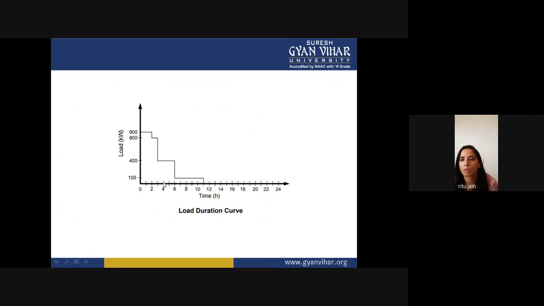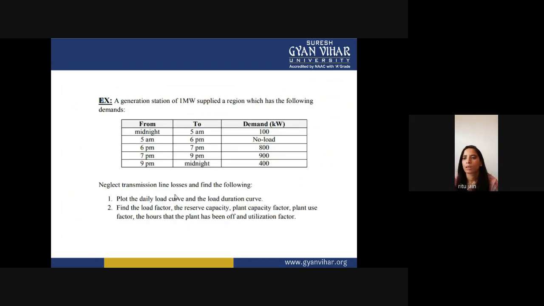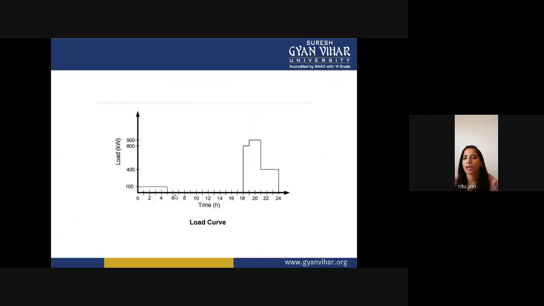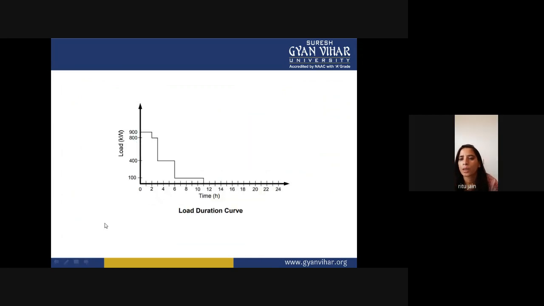Next is 100, which is from midnight to 5 a.m. You can easily calculate it. It is 5 hours, so for 5 hours this load is 100 kilowatt. So we are taking hourly load over here in the load duration curve. This is the basic difference between your load curve and load duration curve.